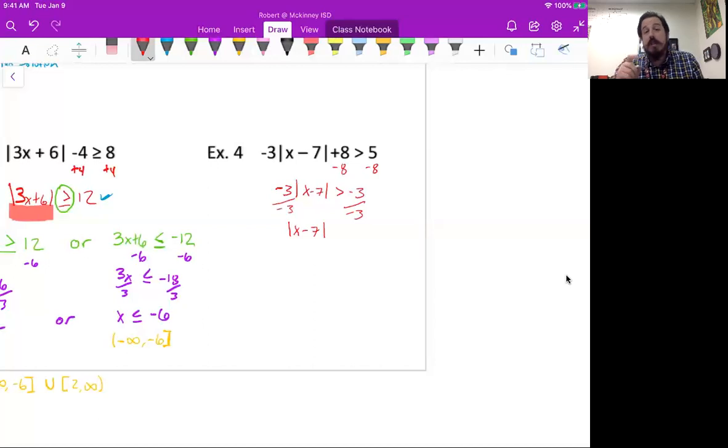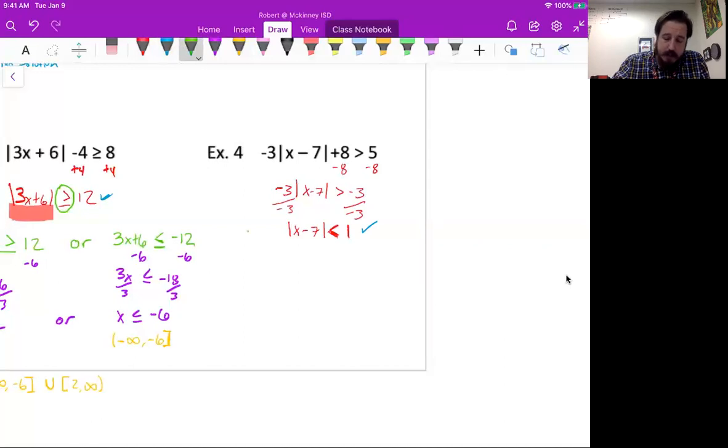Remember, when we multiply or divide by a negative number, we have to change our inequality. We have to flip it the other way. So it's the absolute value of x minus 7 is less than 1. I do my check. 1 is not a negative number. It passes. I move on.